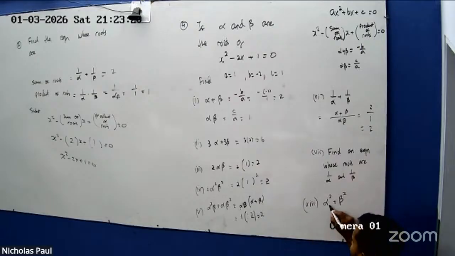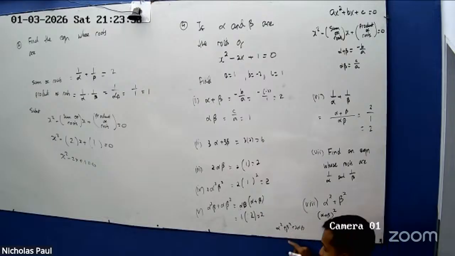So to get alpha squared plus beta squared, yes, you're going to take alpha plus beta and square it. But there's an extra term in there you don't want. If you expand this out, you're going to get this, but you only want this part.